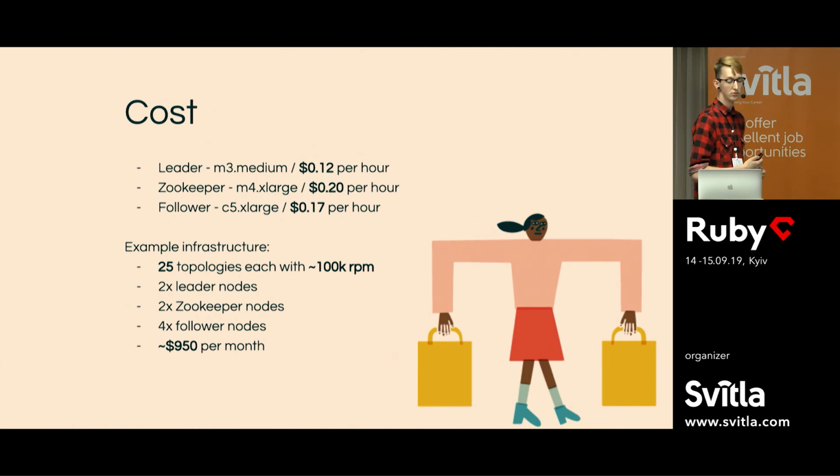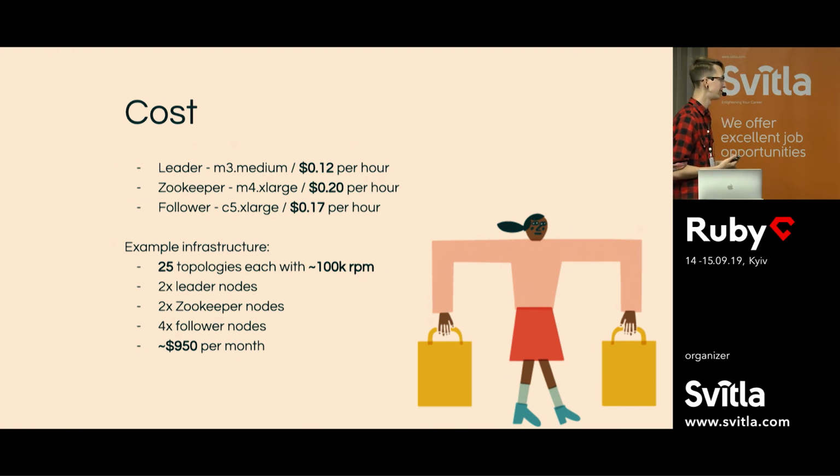So I'd like to briefly talk about costs of such undertakings. I think it's something that is often unmentioned in technical talks. So here's a standard pricing for AWS machines, which we use in the company for Storm topologies. Our product is backed with 25 topologies.